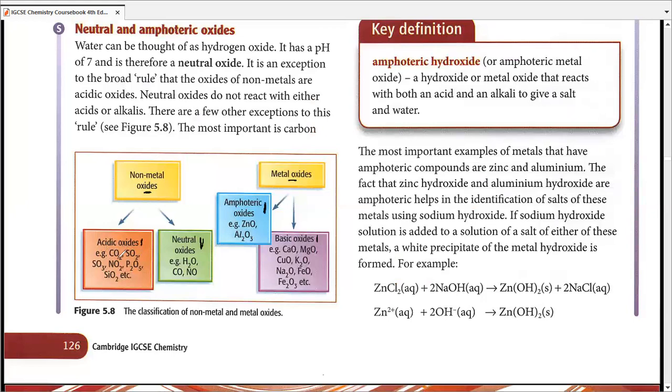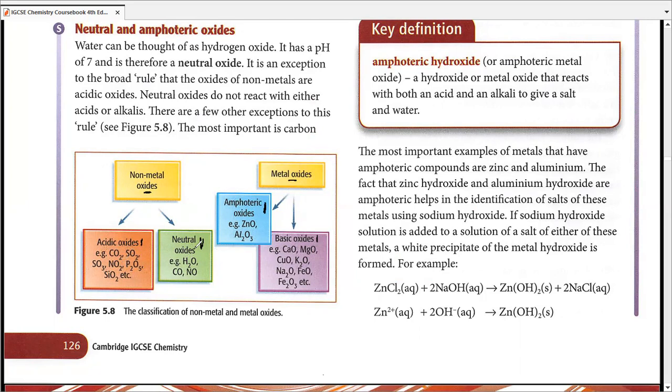Acidic oxides are oxides that are made up of non-metals and they act like acids whenever they are dissolved in water or reacted with a base. Basic oxides are the oxides which are made up of metals and they act like bases or alkalis when dissolved in water or reacted with acids.